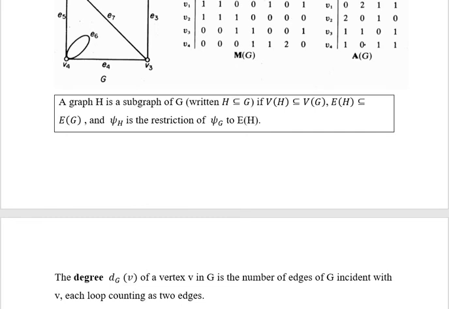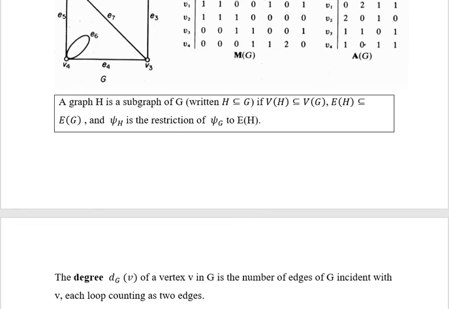A graph H is a subgraph of G, written as H subset or equal to G, if the vertex set of H is a subset of the vertex set of G, the edge set of H is a subset of the edge set of G, and psi H is the restriction of psi G to E of H. Psi G, as we are familiar, is a mapping which associates the edges of the graph with the corresponding end vertices, and correspondingly psi H is also a mapping, but it restricts psi G to the corresponding edges of the subgraph H. So this is the definition of a subgraph of G.